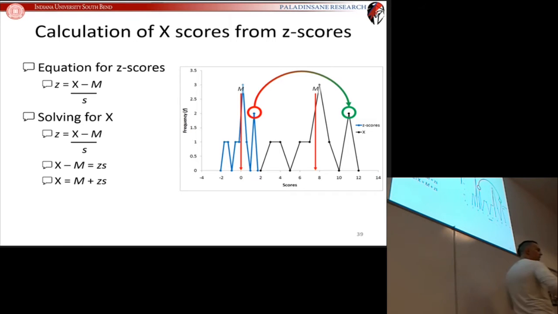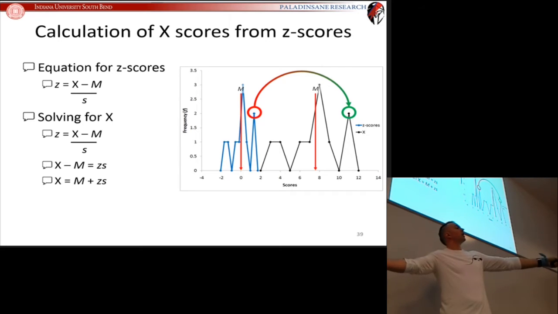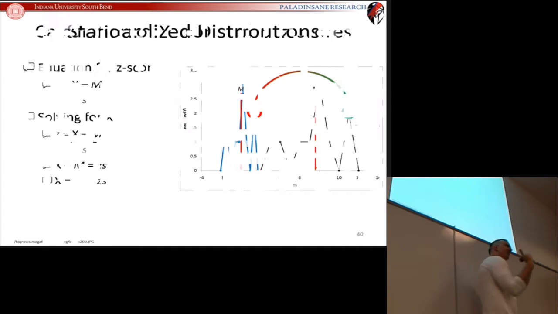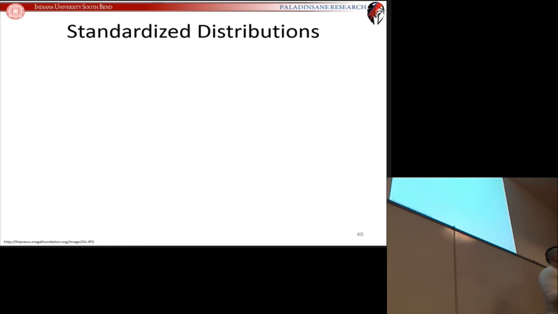And this recovery of the raw score allows us to do one more really useful thing with z-scores, and that is it allows us to create our own distributions, to be whatever it is that we want them to be.